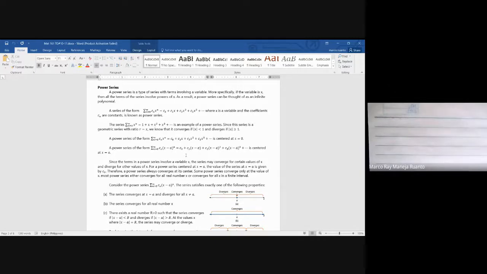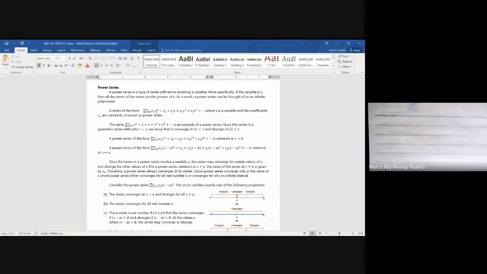But in the power series, the constants in our series were generalized into some variables. So instead of a constant, it becomes an expression in x, you know.